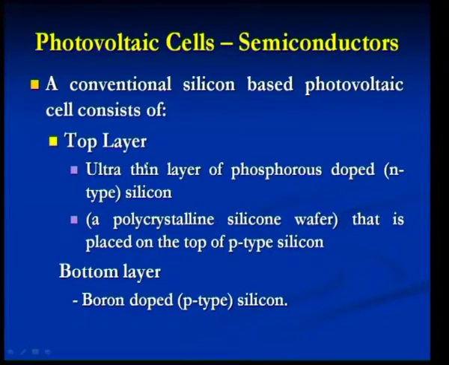So, the top layer consists of all these constituents, whereas the bottom layer of the system consists of boron doped silicon, which is the P type. So, you have the N type conducting material at the top layer and the P type silicon in the bottom layer to do their functions.